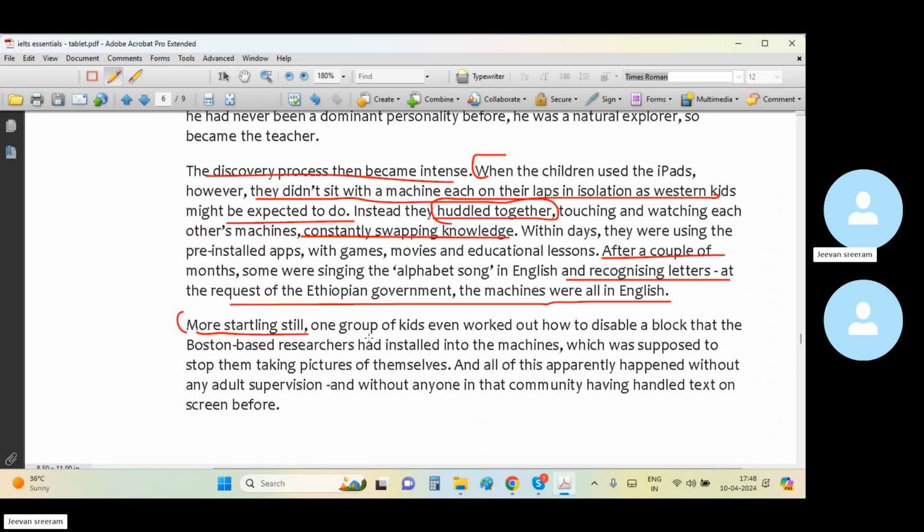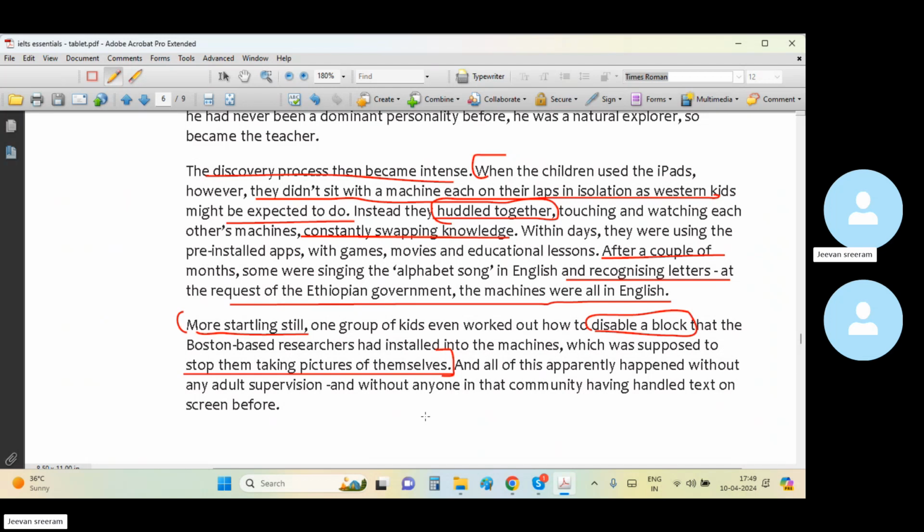More shockingly, one group of kids even worked out how to disable the block. What kind of block is it? The block Boston-based researchers had installed into the machines, which was supposed to stop them taking pictures of themselves. Have you understood? They disabled an obstruction which wouldn't let the children take photographs. That block was disabled by these children, which means they are able to take photographs. Clear?